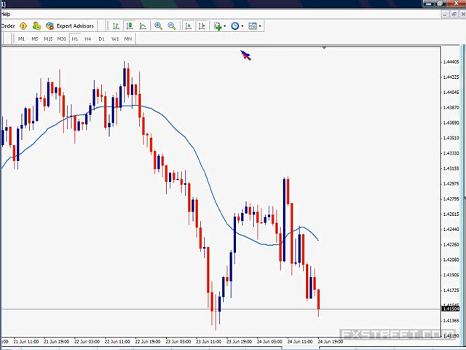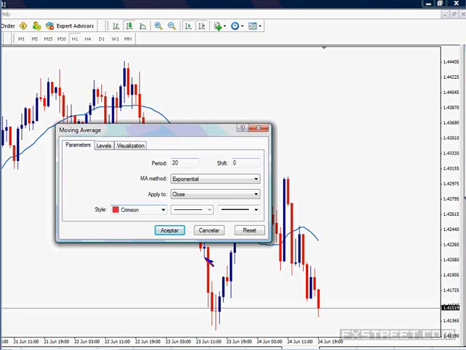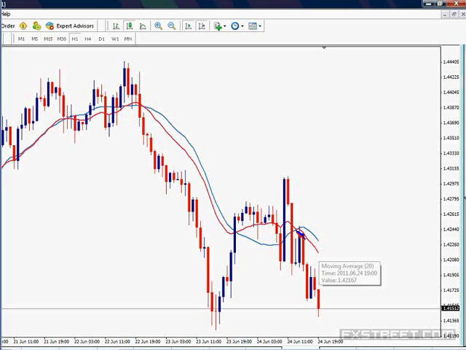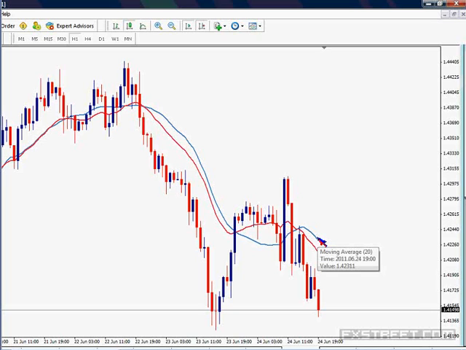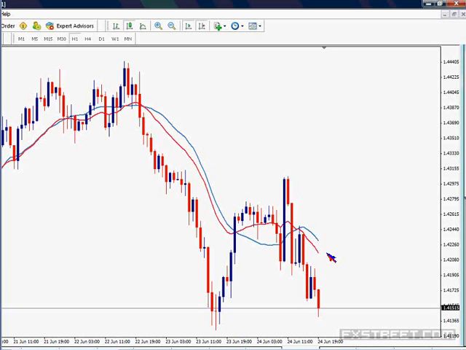We're going to add another 21, but this time we will set an exponential one in crimson, okay? As you may see, the exponential moving average smooths a bit the simple one, by adding to the current closing price, meaning the latest one, the previous value, and giving the last price more weight.